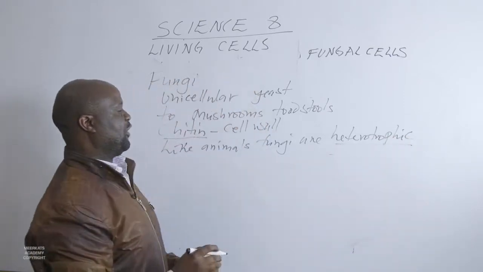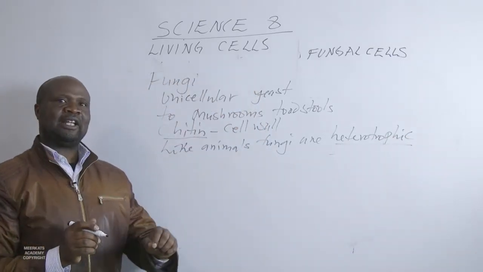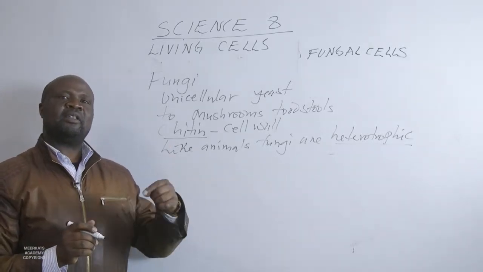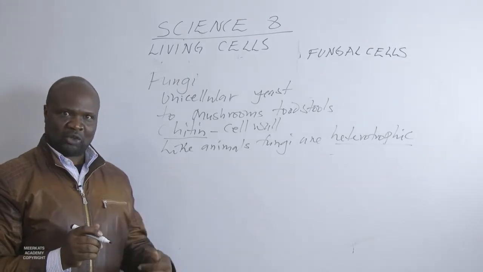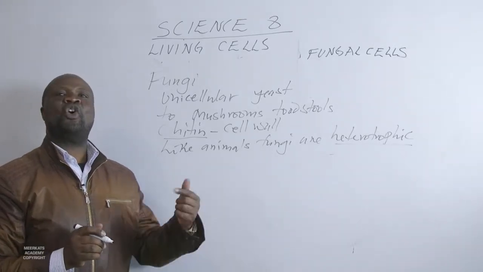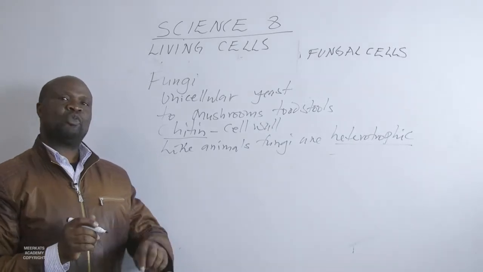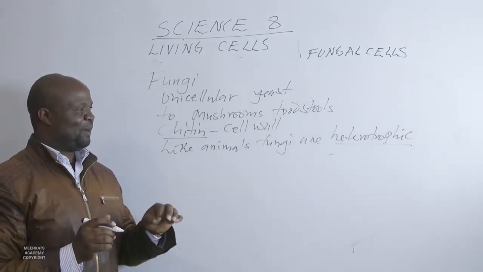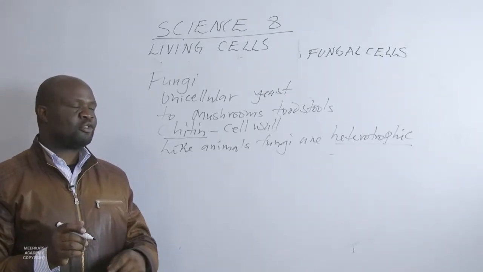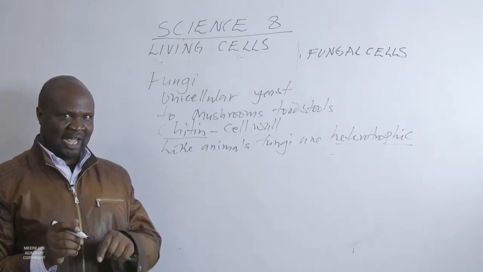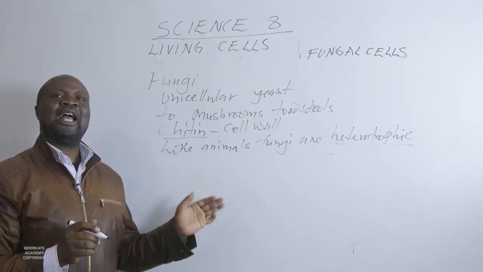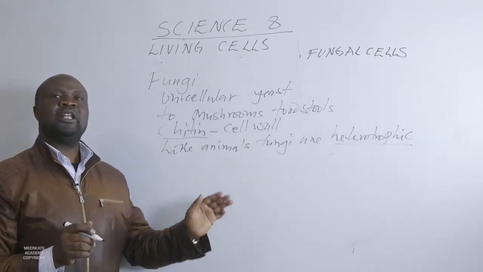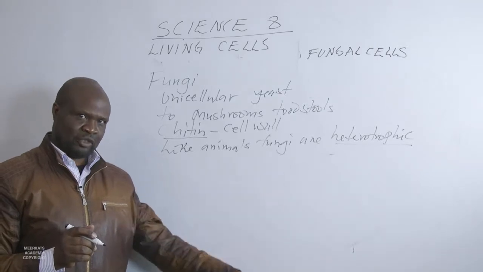That term, heterotrophic: when we say fungi are like animals, they are heterotrophic, meaning they depend on food gotten from external sources. They depend on external food. But most plants are autotrophic. Plants are autotrophic because they manufacture their own food. A similarity of fungi with animals is that they depend on external food.